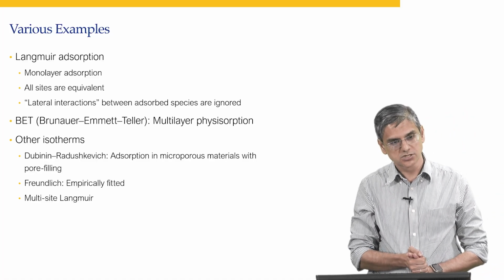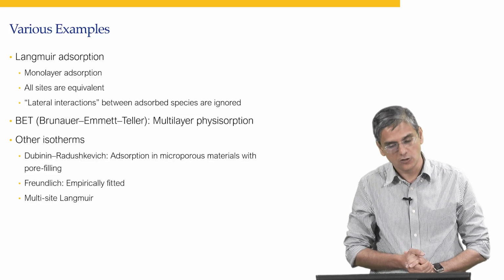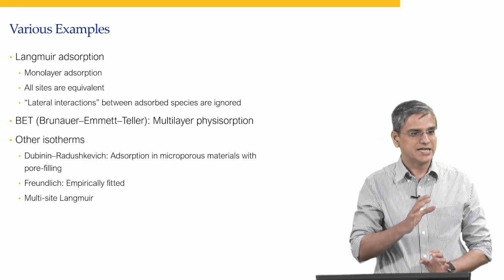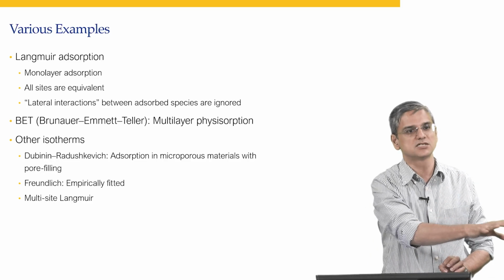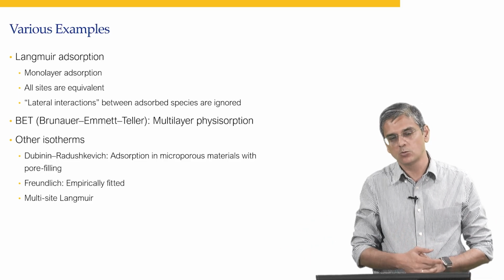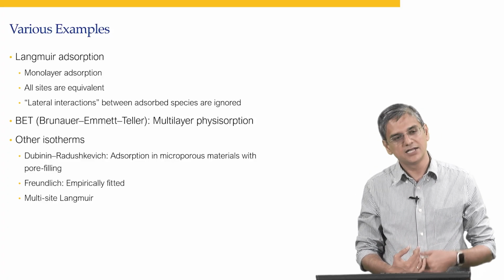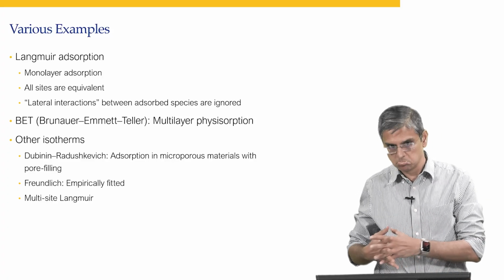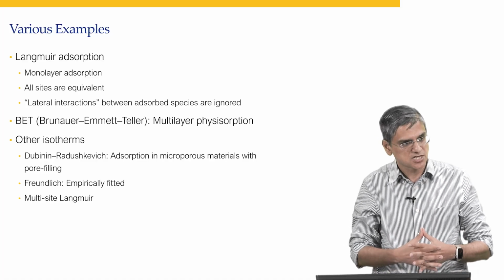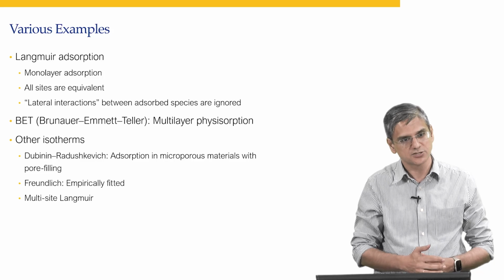Which one to use, for a lot of materials it is known, but for a lot of modern materials there isn't a consensus that this is the right one or that is the right one. In fact, sometimes what we do is we extract the data from the equipment and then we try to use computational catalysis tools such as DFT and so on in order to extract the information about what is actually happening.